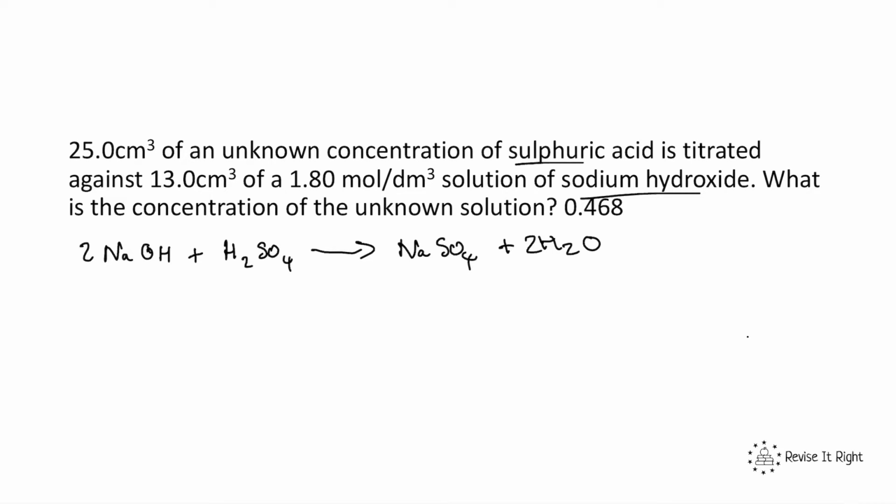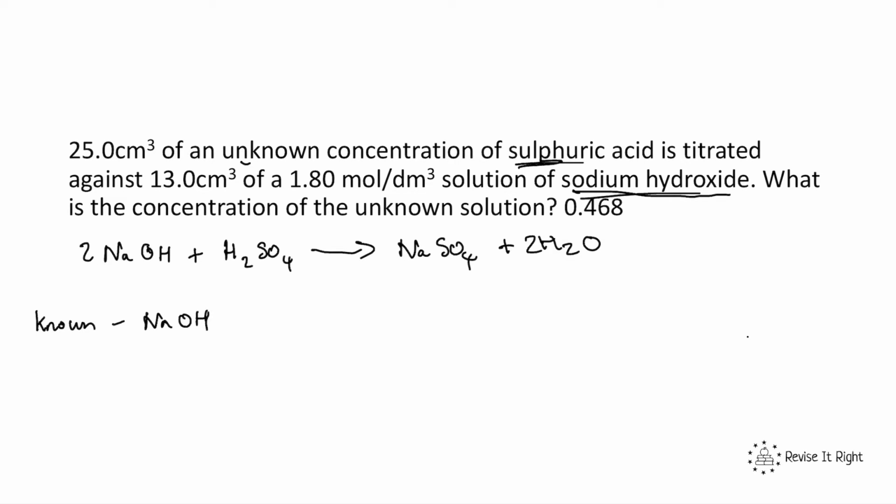The second thing we're going to do is get all the data that we know of the known substance. So what I'm going to do is write known here under my balanced equation. The unknown is sulfuric acid, so that's the one we're trying to work out. The known one, therefore, is sodium hydroxide. So I'm just going to write that known is our sodium hydroxide, just so I remember that.